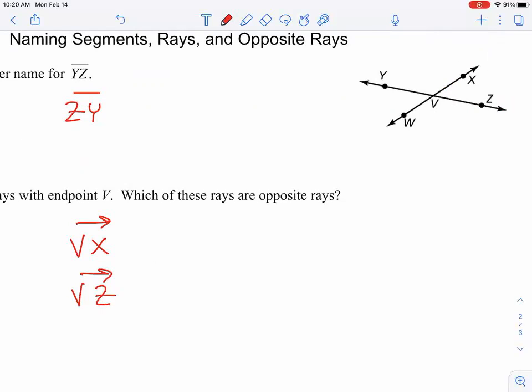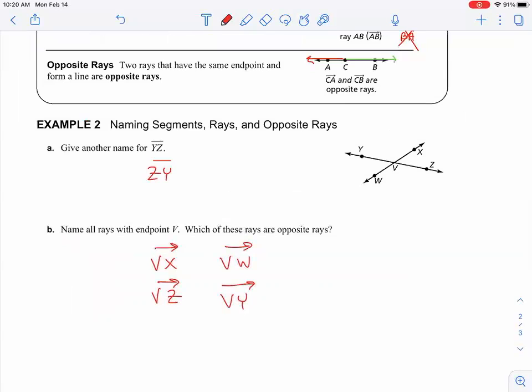If I started at V and went towards W, I could call that ray VW. And then VY would be going off and to the left. Point is, guys, notice that V has to be the first letter if you're talking about a ray.